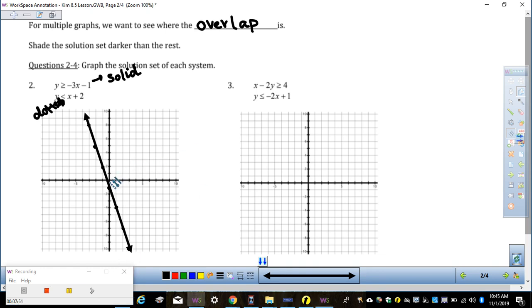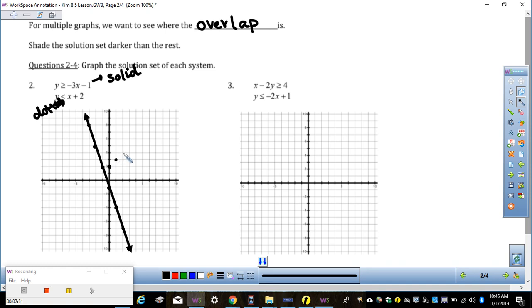And I know it's hard to tell here, but what I want you to notice is that 0, 0 is very distinctly above the line. So now I'm going to plot this dotted line, positive slope, and a y-intercept of +2.